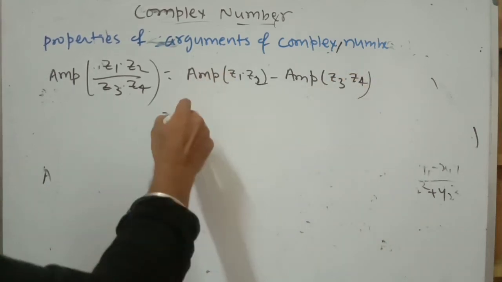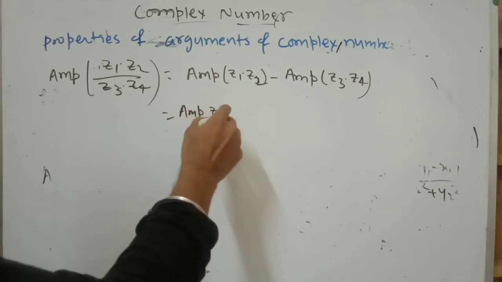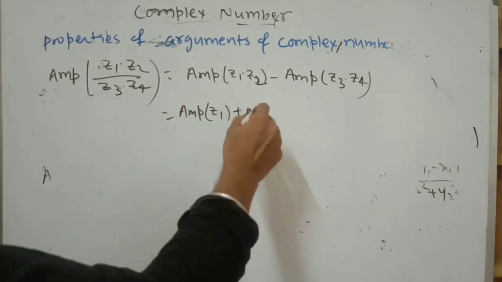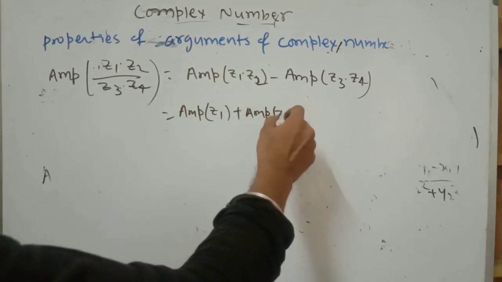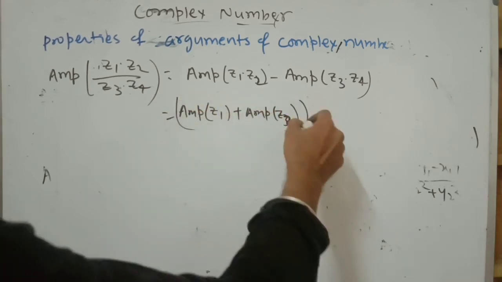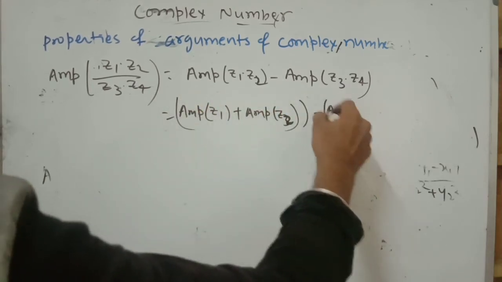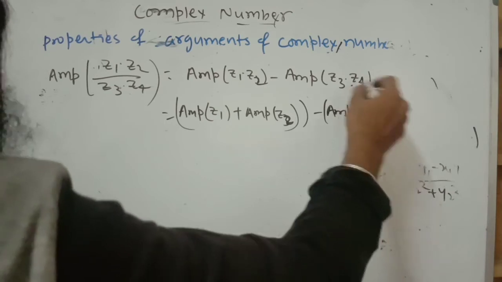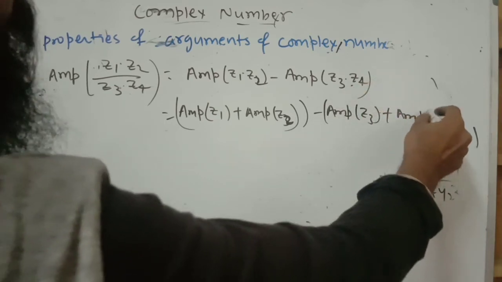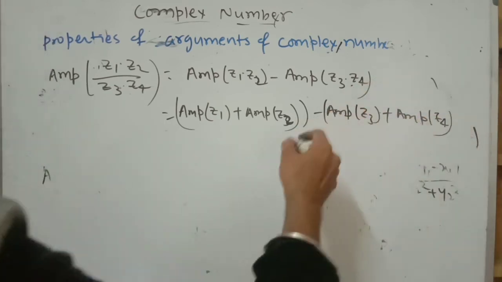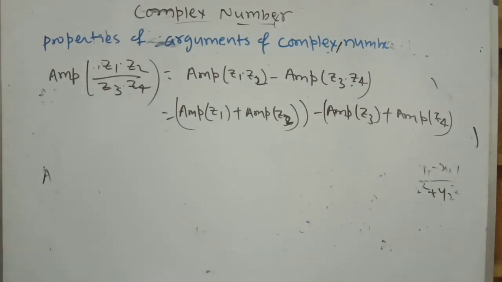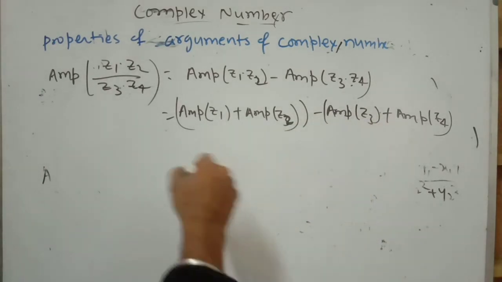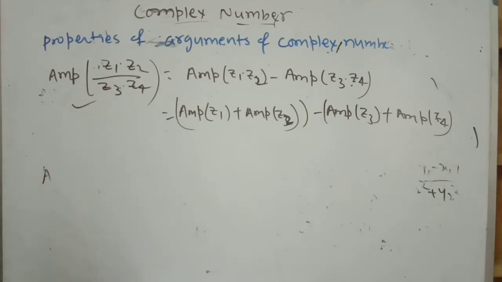After then, you can write amplitude of z1 plus amplitude of z2, minus amplitude of z3 plus amplitude of z4. When you break the bracket, it will become a minus. So you can also find the amplitude of this complex number.